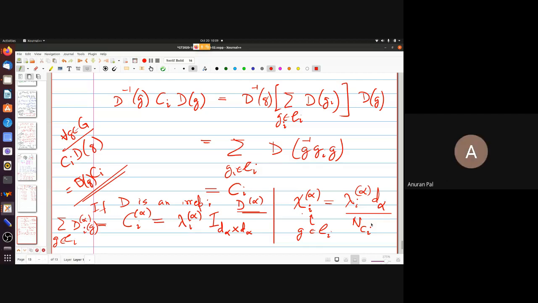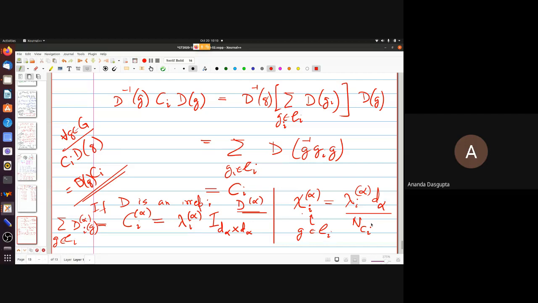Because Ci alpha is the summation over I d alpha g, and since g belongs to Ci, if you take the characters, the individual characters are actually chi I alphas. Exactly. So when you take the trace of Ci alpha, you are taking the sum of the traces of every one of the representation matrices which go in for the class Ci.